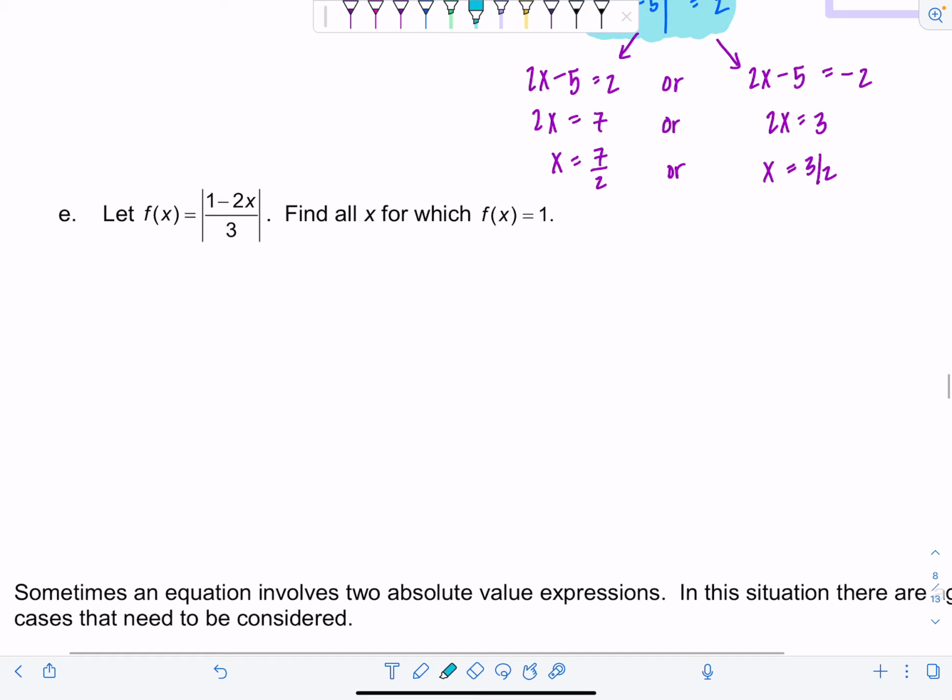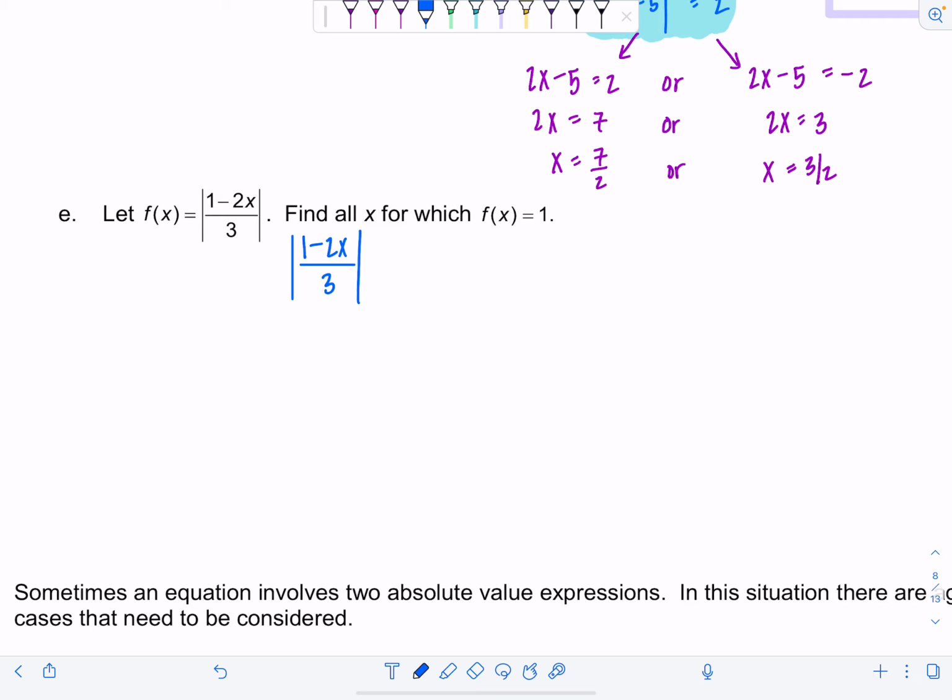Let f of x equal the absolute value of 1 minus 2x over 3. Find all x for which f of x equals 1. So they want us to set this function f of x, which is equal to the absolute value of 1 minus 2x over 3, equal to 1.